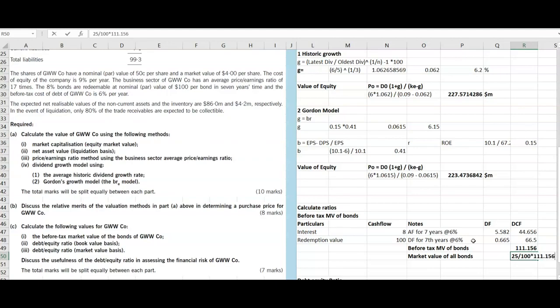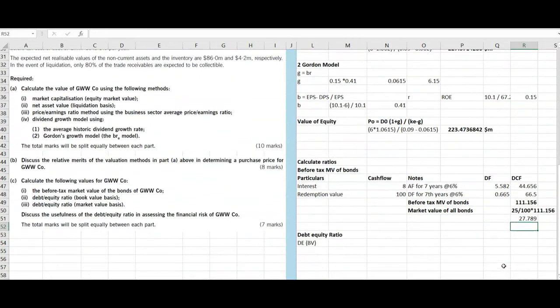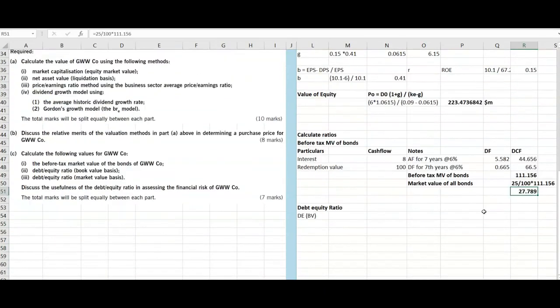So that is how the bond should be valued. So we'll find out the entire worth of the bond. We'll put it here. So the entire value of the bond comes to 27.789.